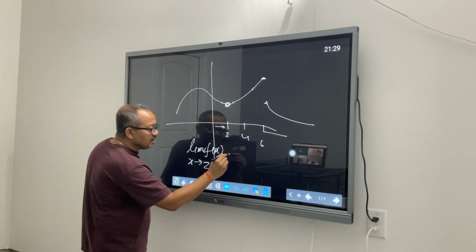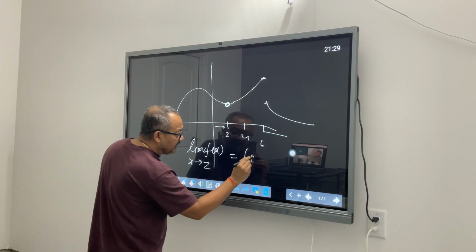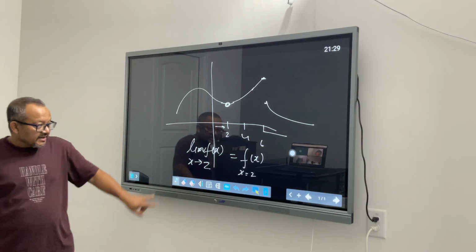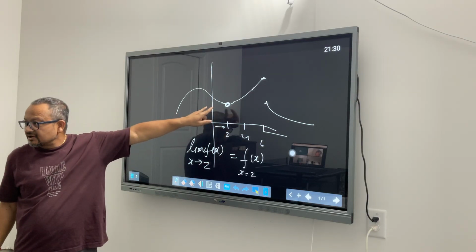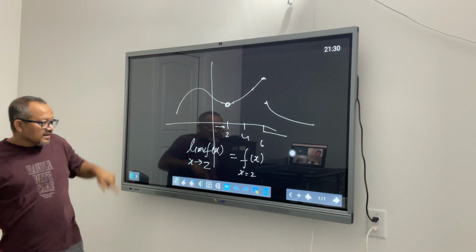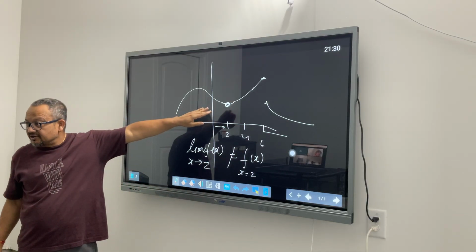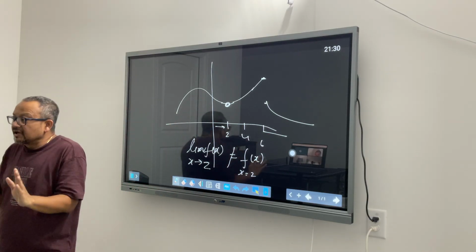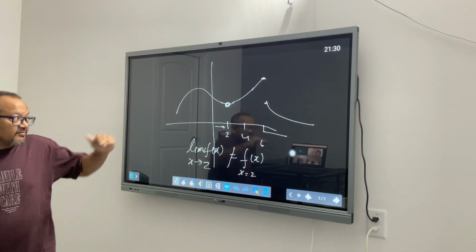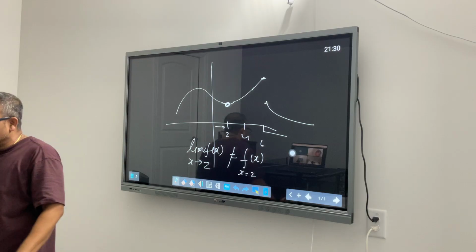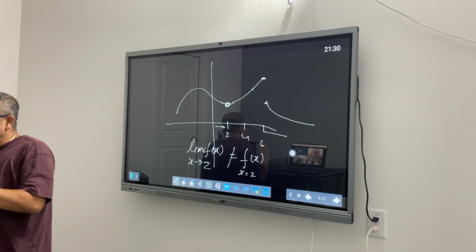This is equal to f of x when x is equal to 2 if the function is continuous, and it will not be equal to this if the function becomes discontinuous. So limit just tells us the behavior of the function at the given value of the input. That's it.